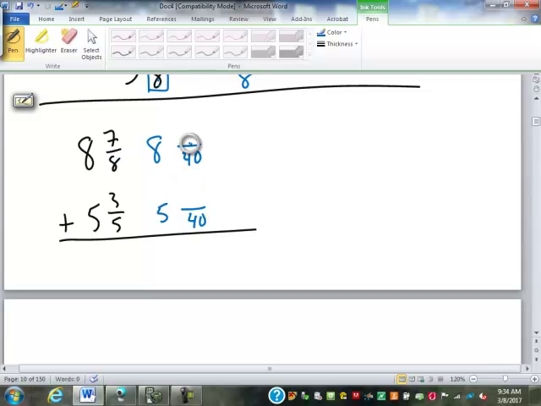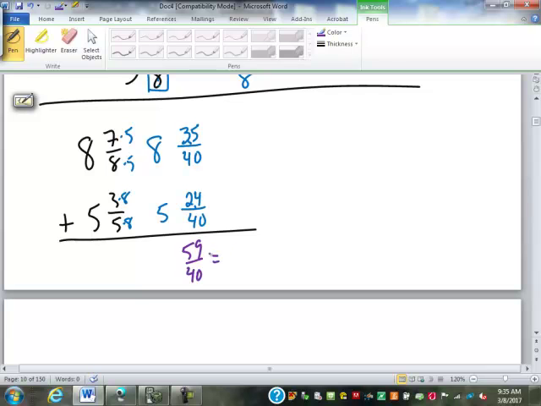So then this is going to become what? 35. Good. 8 times 5 to make 40, so 7 times 5 makes 35. This is going to become 24. Good. 5 times 8 to be 40, so 3 times 8 is 24. So then we're going to add. 35 plus 24 is 59/40.